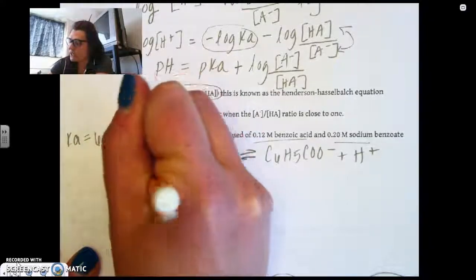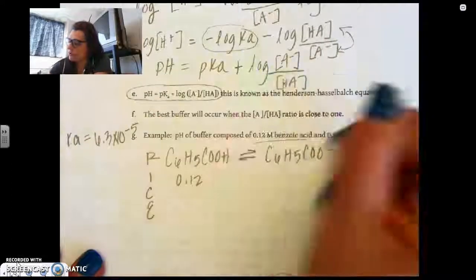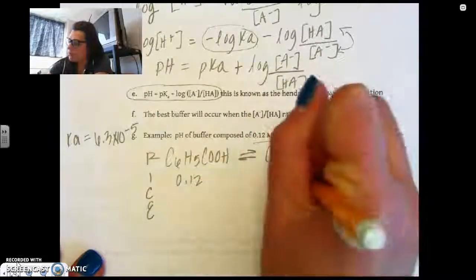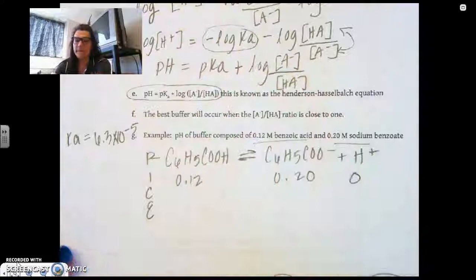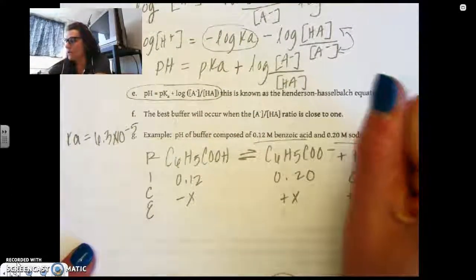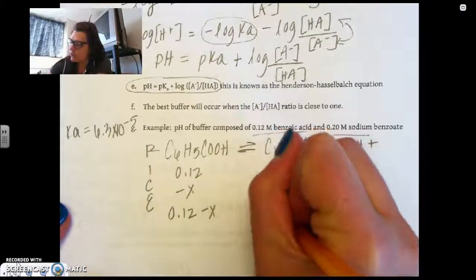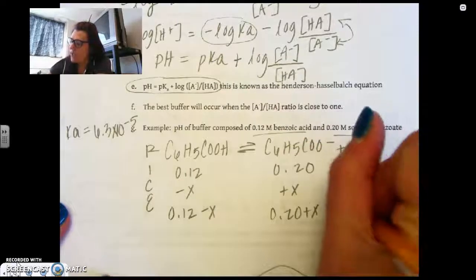So that's what you're going to start with here. If I'm ricing this, I'm starting with 0.12, here I'm starting with 0.20, and this is 0. Then your change is going to be minus x, plus x, plus x. So this is going to be 0.12 minus x, 0.20 plus x, x.